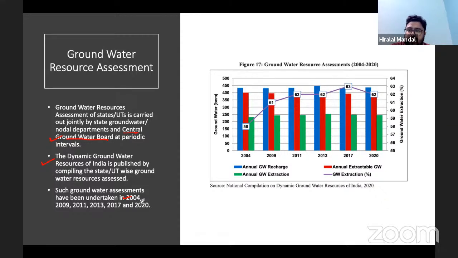So in 2017, there is the annual groundwater recharge and the annual water extraction. So what do you see?